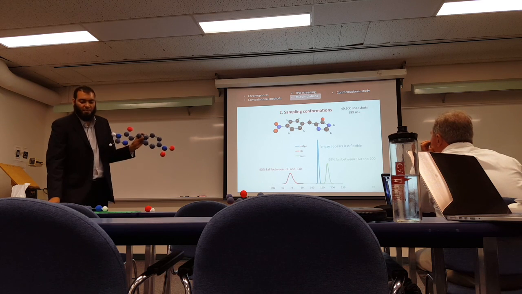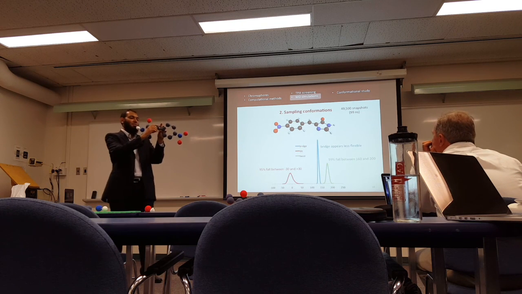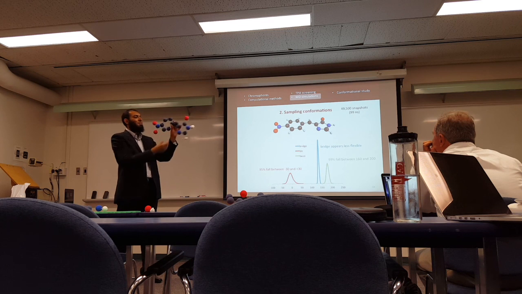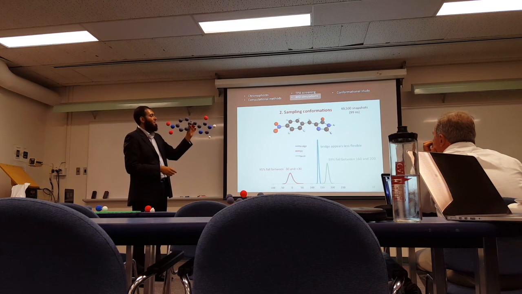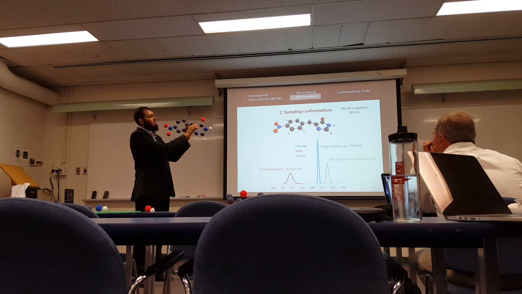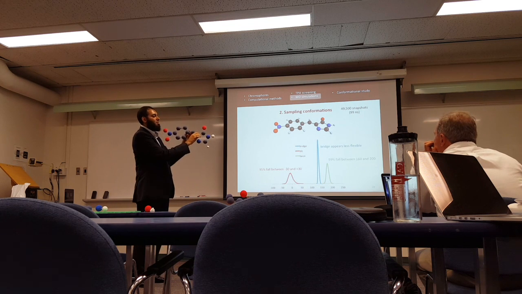And the angles are, if you look here, so this is, I always drew it this way. The angles we're looking at are first the methine bridge, so this angle. And we're looking at two rotating angles. So we're looking at rotating this ring, which I call the tilt, and rotating this ring, which I call the twist.